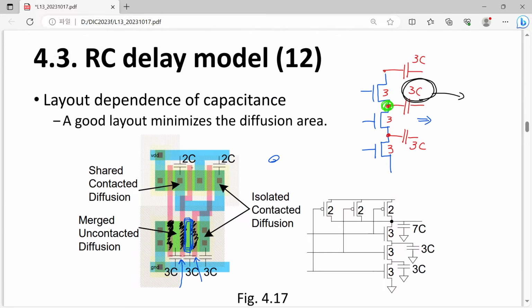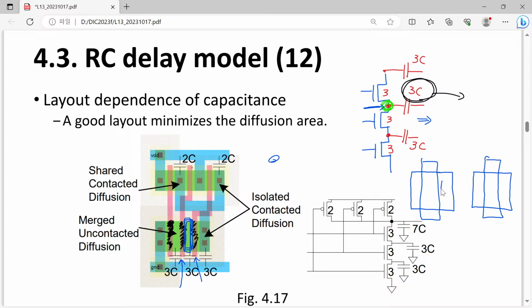Simply means that the blue dot shown here. So it's not drawn in this way. Here we have a transistor, another transistor, so it's a gate, and its gate is shared by certain metal, shared by another metal.